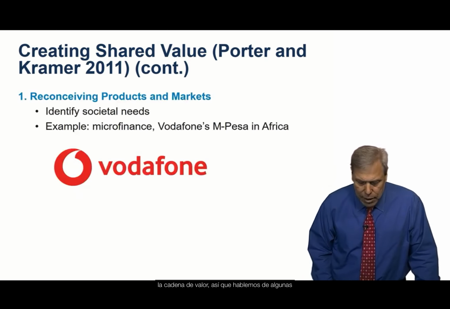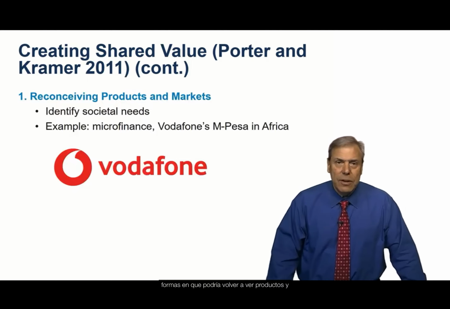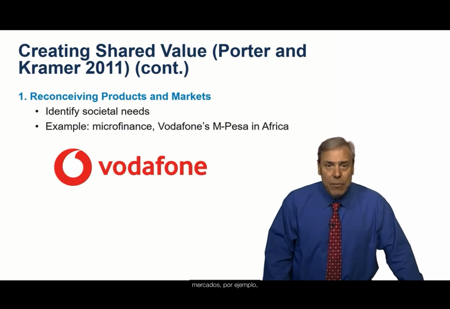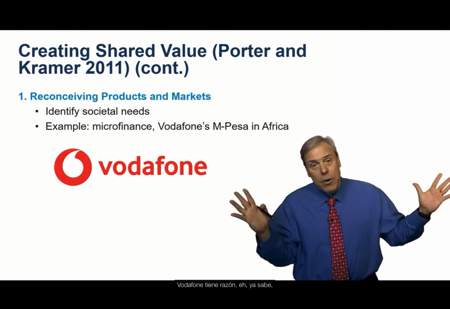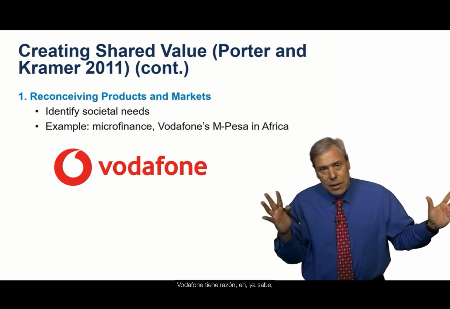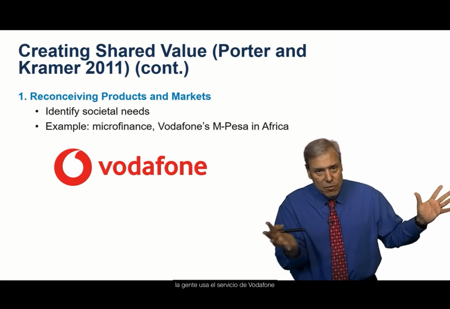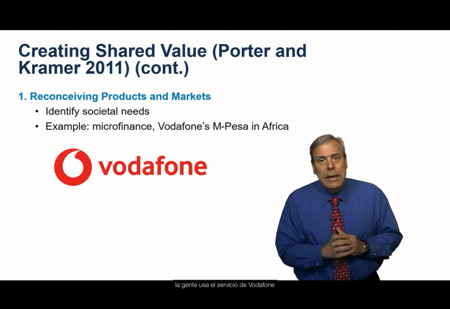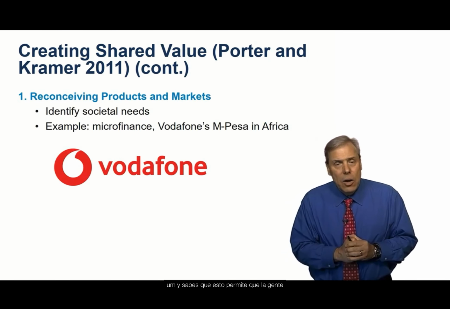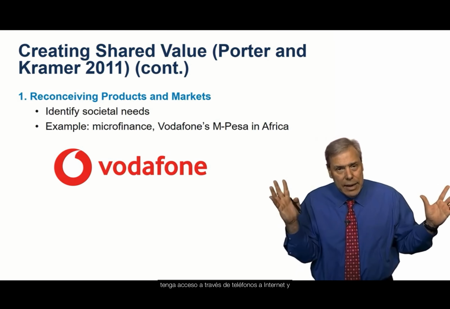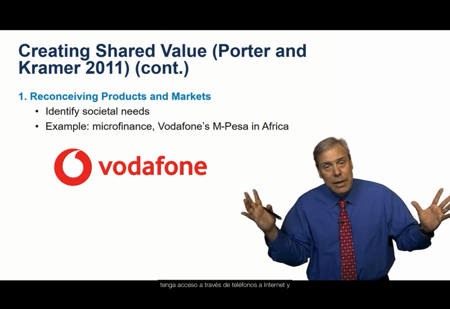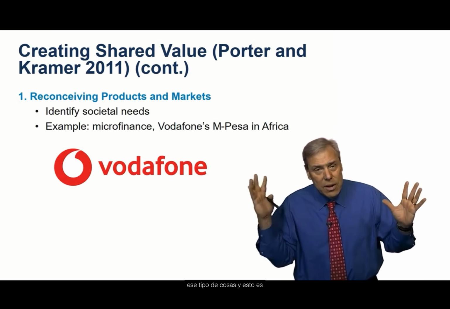So let's talk about some ways you can reconceive products and markets. For example, Vodafone provides telecommunication services. People use the Vodafone service, and this allows people to get access via phones to the internet and those kinds of things.